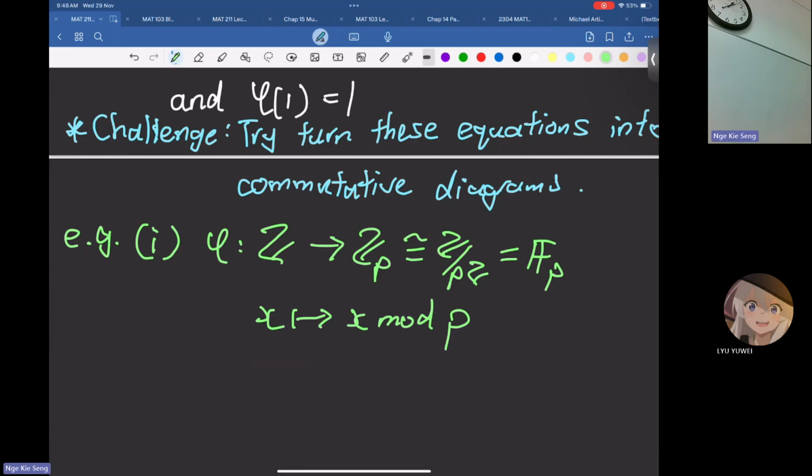Is it true that (x plus y) mod p equals (x mod p plus y mod p) mod p? This is what you need to check. If you learned well from your number theory or discrete math, you should see it.